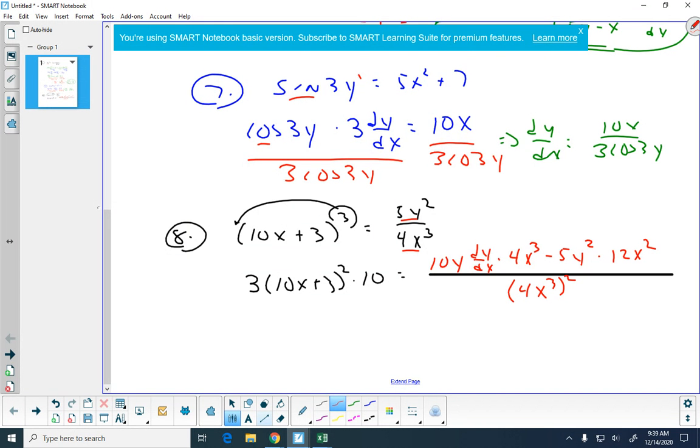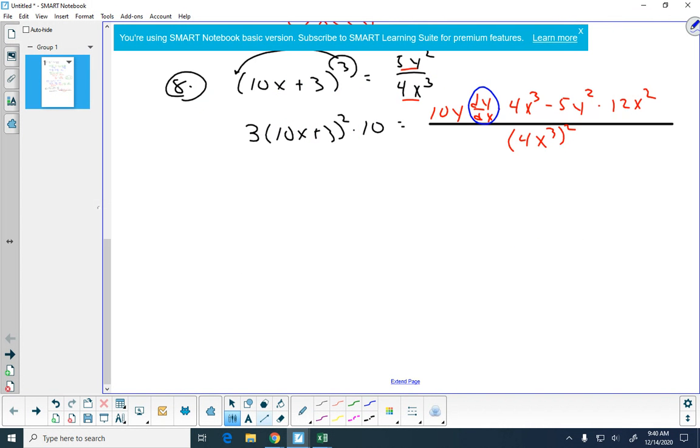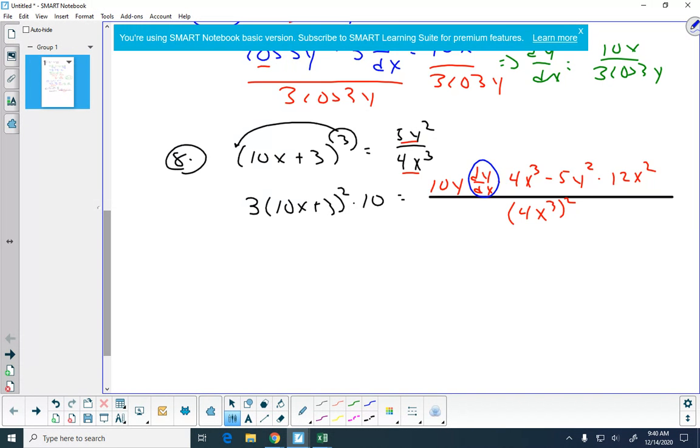Once again, the problem now becomes an algebraic problem where you have to deal with the dy/dx, and you need some patience with this. Doing some simplification, this gives me on the left-hand side 30(10x + 3) squared.